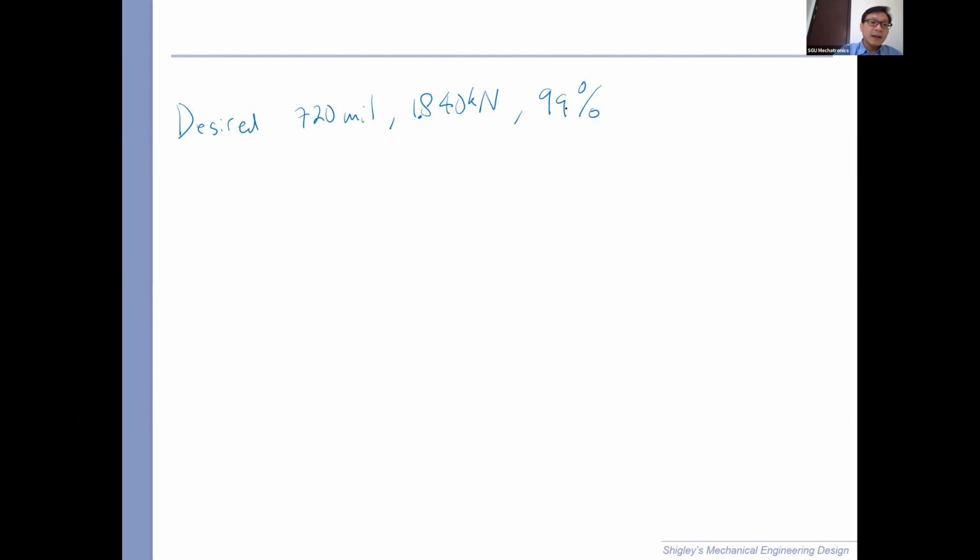But remember, the catalog always gives you 1 million lifetime with a C10. That's the given. And by definition, C10 is 90% reliability. We figure out this turns out to be 32.8 kilonewton. My actual load is 1.84 kilonewton.